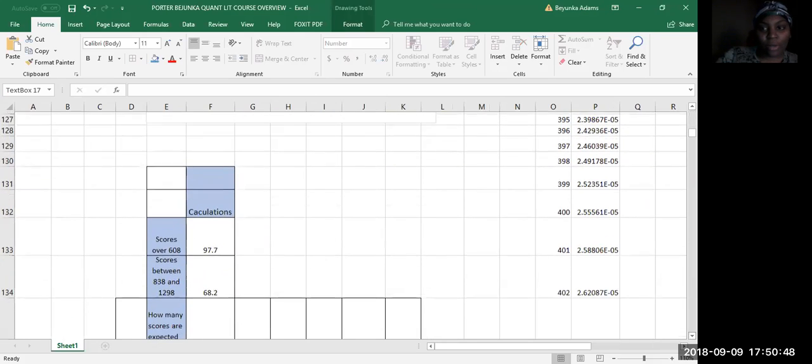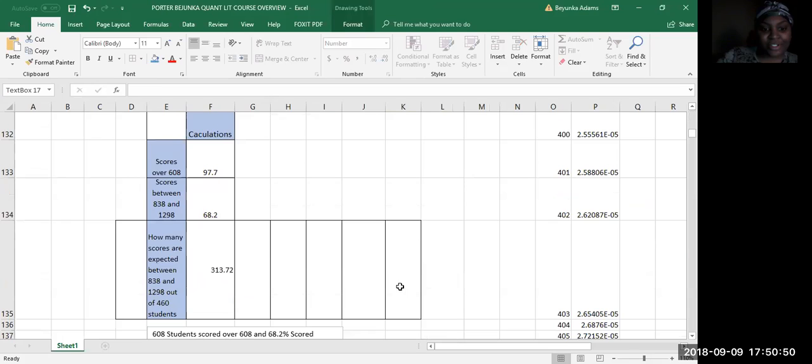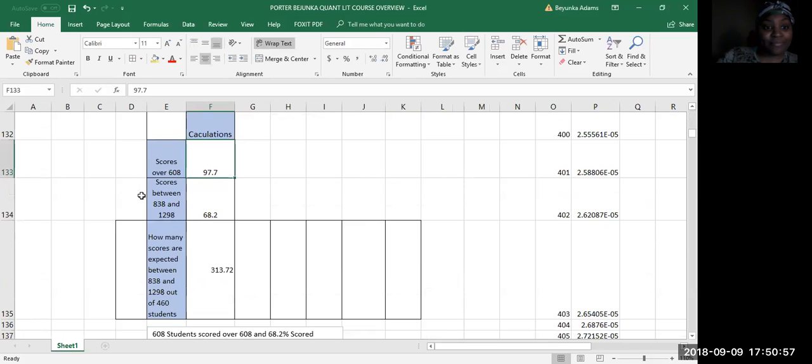All right, and so we move on to the calculations. We had to find scores over 608, and scores between 838 and 1298. And how many scores are expected between 838 and 1298 out of 460 students?